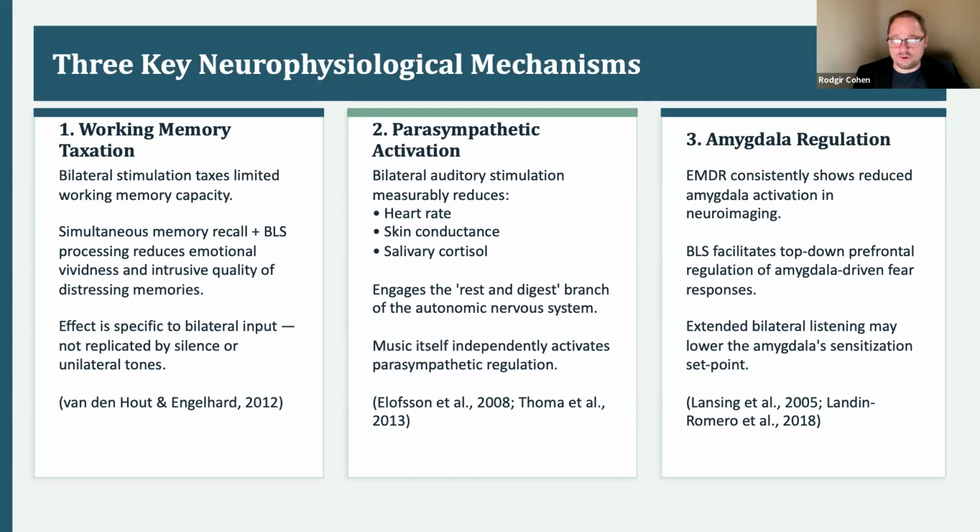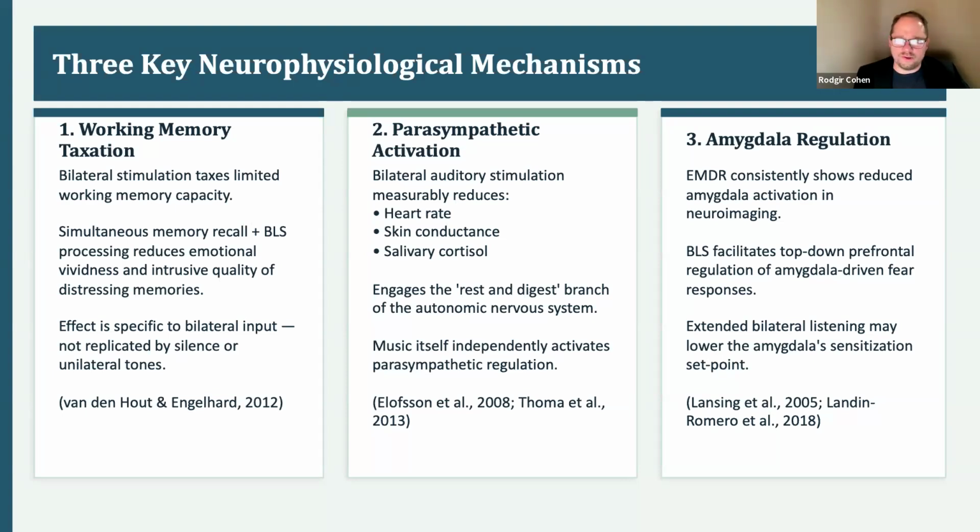When bilateral stimulation occurs, it occupies working memory, tracking the left to right alternation and maintaining orientation, so there is less cognitive capacity available to maintain the full vividness of that traumatic memory. The memory is still there, but its clarity, its emotional intensity, and its sensory vividness are all reduced.